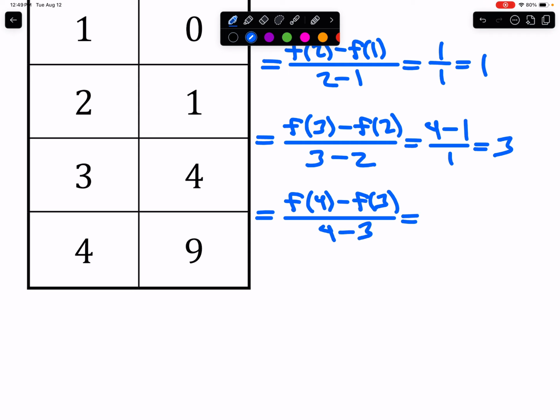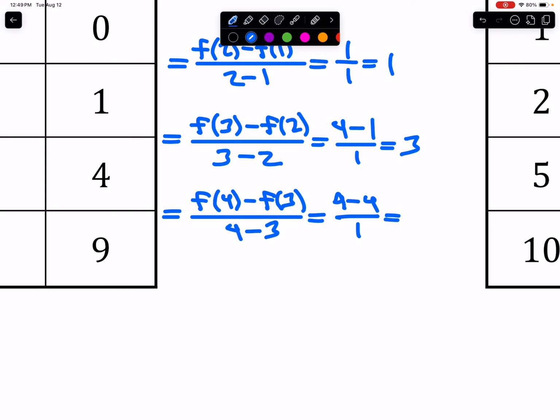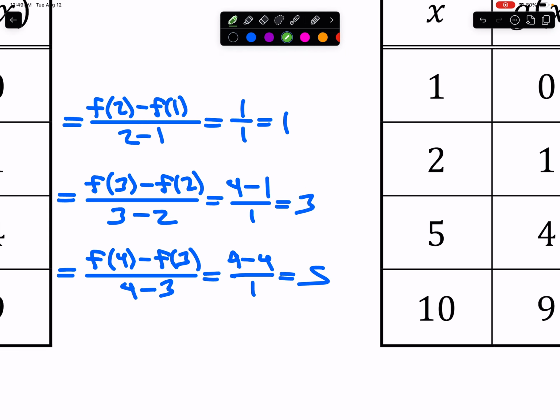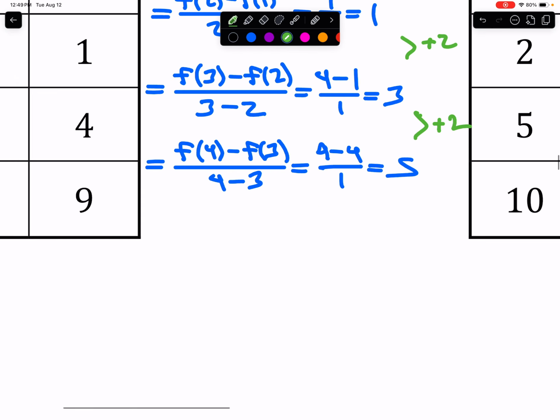My output value here would be 9 minus 4 over 1, which would be 5. So when I look at my average rate of change here, notice how the average rates of change are changing at the same rate. So because they're changing at the same rate, that tells me that this function is quadratic.